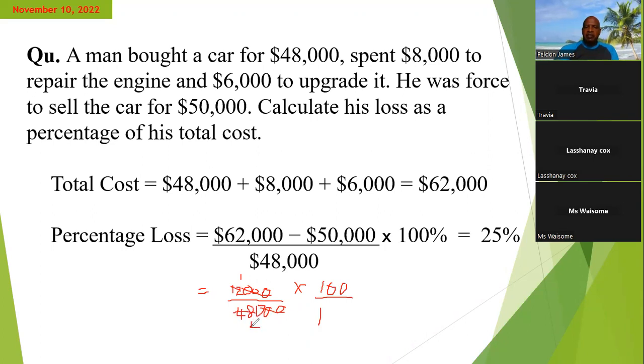All right, and now we can cancel the 4 with the 100. 4 into itself goes 1. 4 into 100 goes 25. All right, guys. So the answer here would be 25%. All right, so that's how we arrive at that answer.